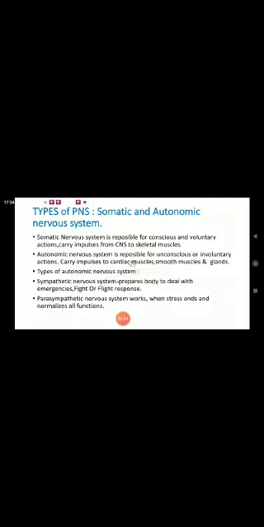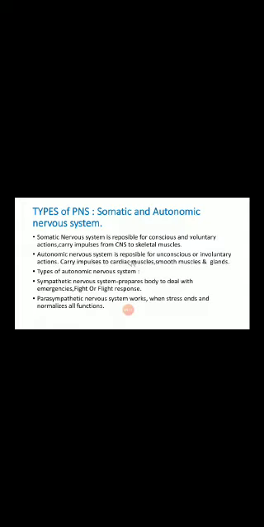Dear students, there are two types of peripheral nervous system: the somatic nervous system and the autonomic nervous system. The somatic nervous system is responsible for conscious or voluntary actions, and it carries impulses from the central nervous system to the skeletal muscles, the muscles which are attached to the bones.